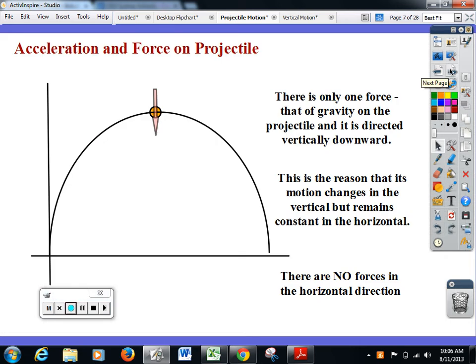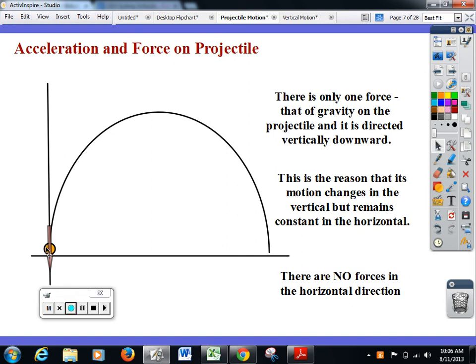So, in your blue books, question 4 says that on the black ball you have to draw all the forces that act on it as it travels along. Okay, so the ball is at this point just there. Now, no matter where it is on the path, here it's being pulled down by the force of gravity.